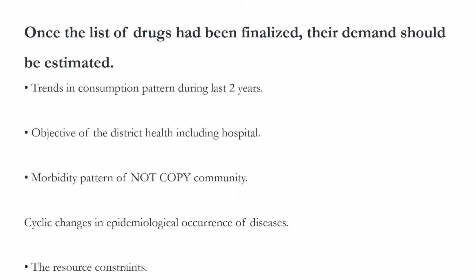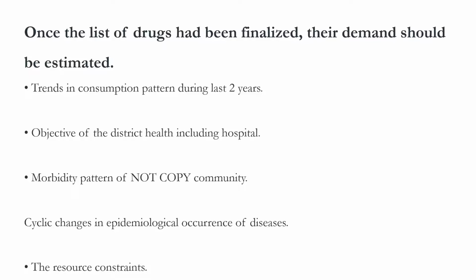Once the list of drugs has been finalized, meaning a demand has come from the laboratory, it should be estimated on the basis of the consumption pattern during the last 2 or 3 years, and the objective of the district health officer, including hospitals and dispensaries in the vicinity.